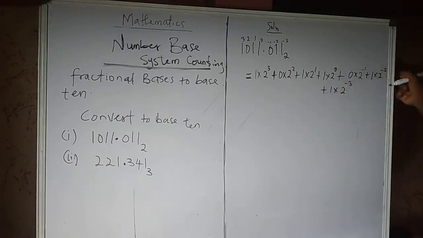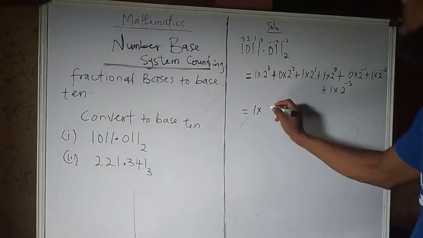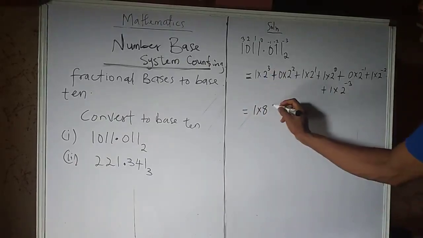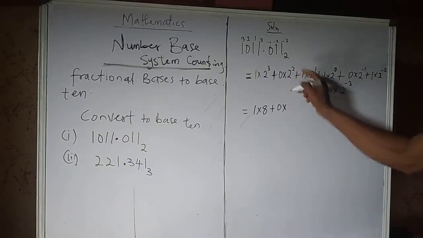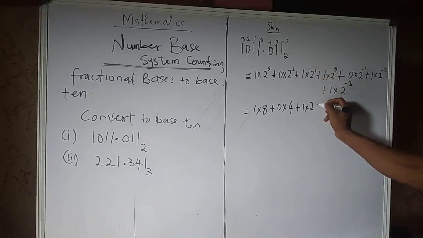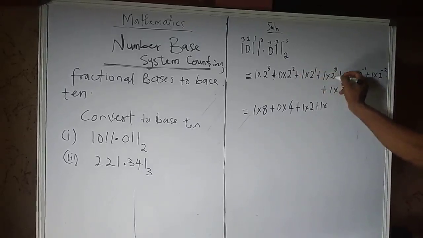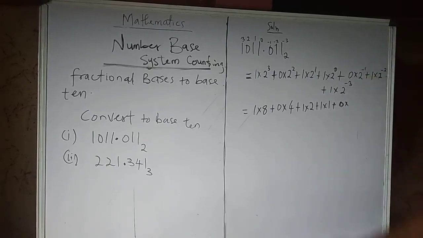So this continues here. This becomes 1 times 2 raised to the power of 3 is 8, plus 0 times 2 raised to the power of 2 is 4, plus 1 times 2 raised to the power of 1 is 2, plus 1 times 2 raised to the power of 0 is 1, plus 0 times 2 raised to the power of minus 1. 2 raised to the power of minus 1 is the same thing as 1 over 2.